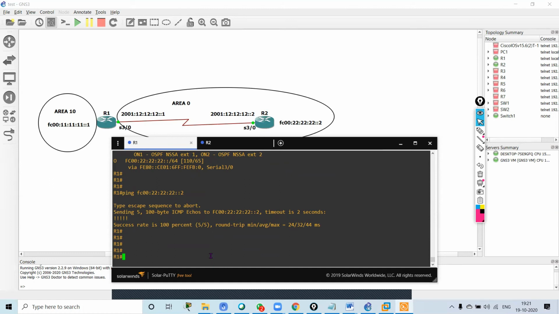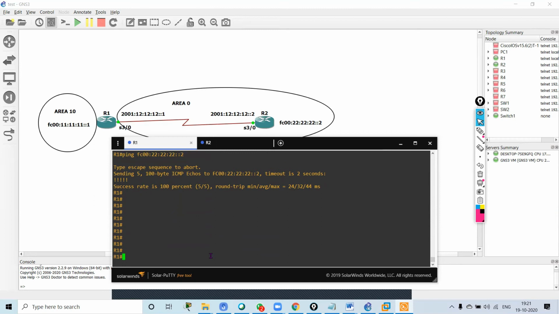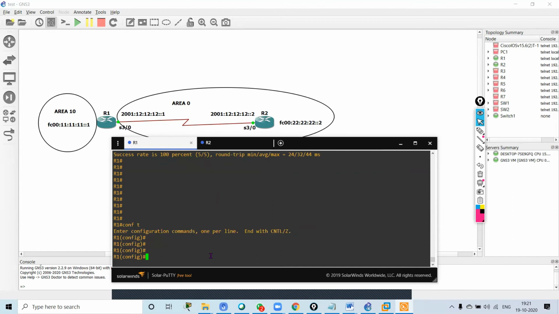Okay, so this is how you can configure OSPFv3. Got it? Any doubt? No doubt. Okay.